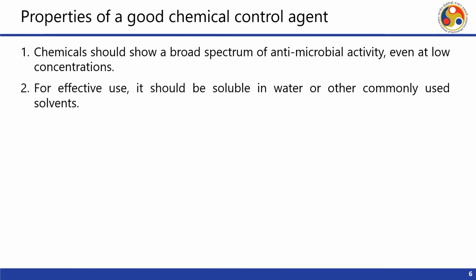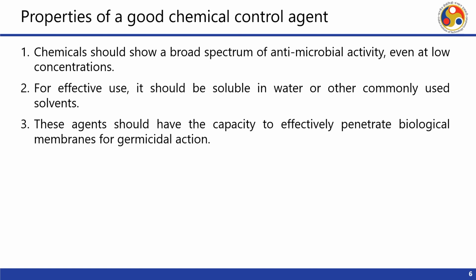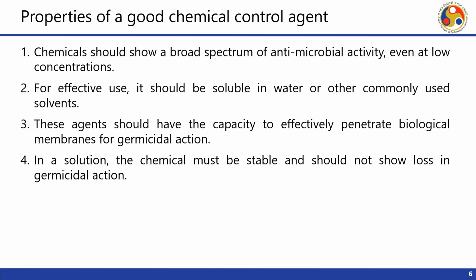Now, all these chemicals that we are going to discuss today have certain properties which make them good chemical control agents. What are these properties? Number one, the chemicals should show a broad spectrum of antimicrobial activity even at low concentrations. For effective use, it should be soluble in water or other commonly used solvents if not water. These agents should have the capacity to effectively penetrate biological membranes for germicidal action.